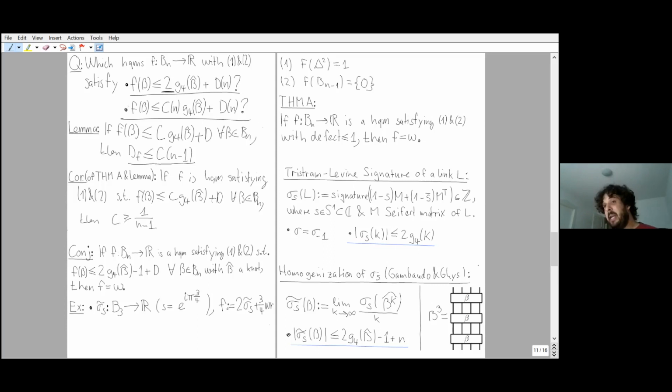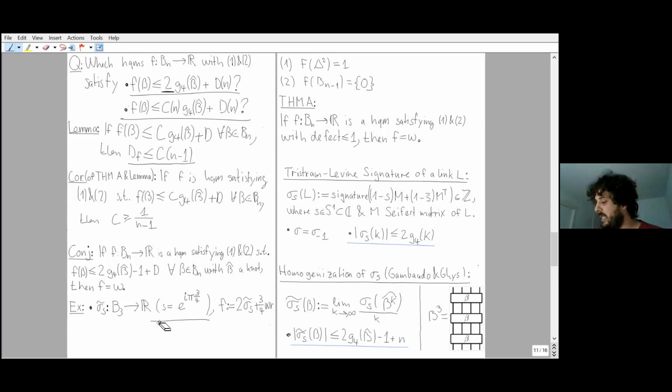Okay, let me tell you about another quasimorphism. Maybe for now I've been always saying, oh, there are only 2, and why would they ever satisfy a slice-Bennequin inequality? Let me tell you about the following guy, the homogenization of the signature. It's a map from B3 to R, and it's constructed using the signature at e to the i pi 3/4.